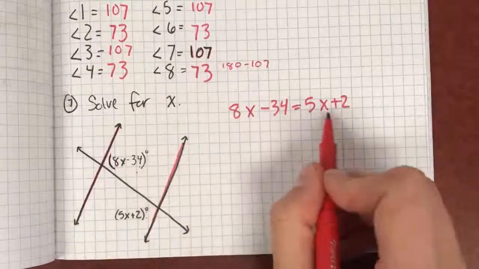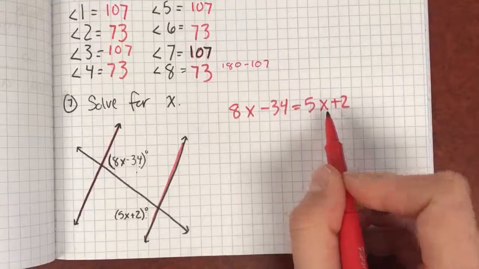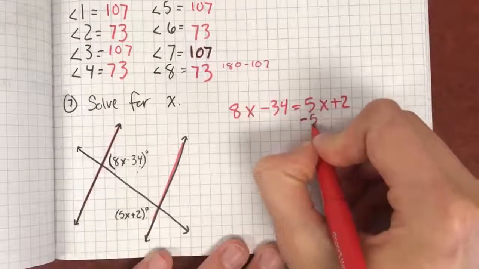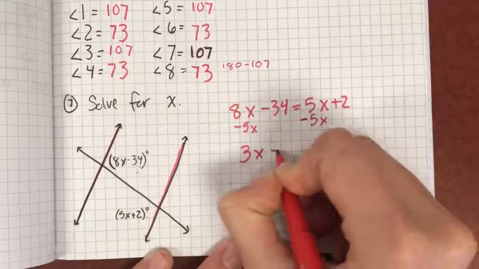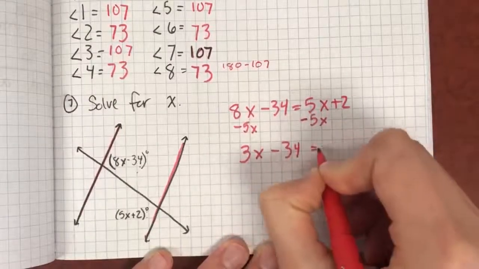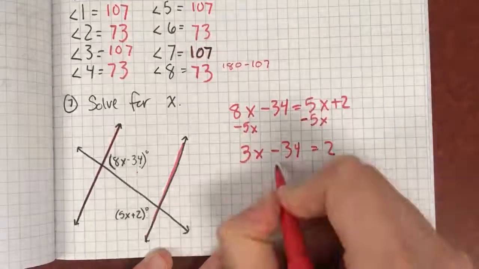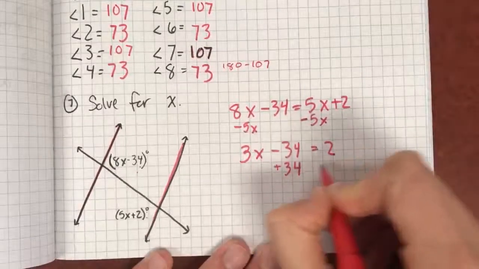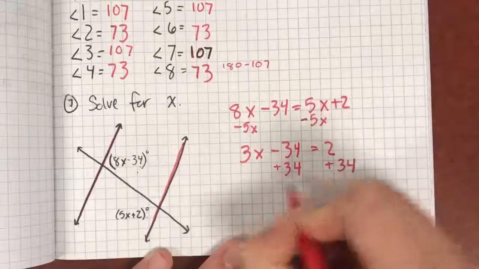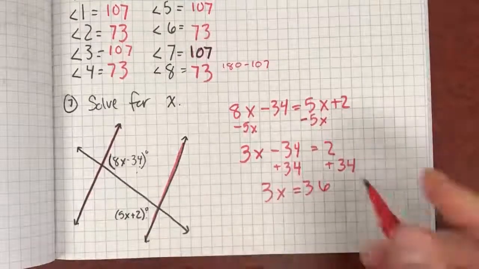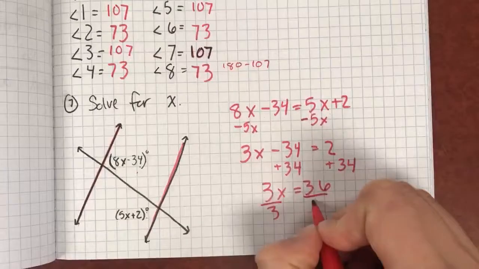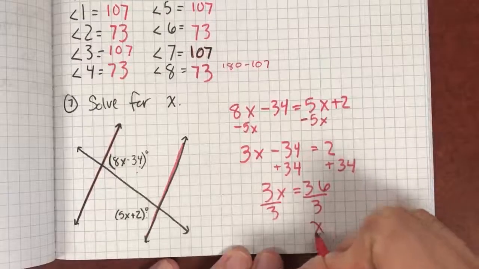So that means these must equal each other. So to solve, I'm going to subtract 5x and then add 34. And then when we divide by 3, we can find what x equals.